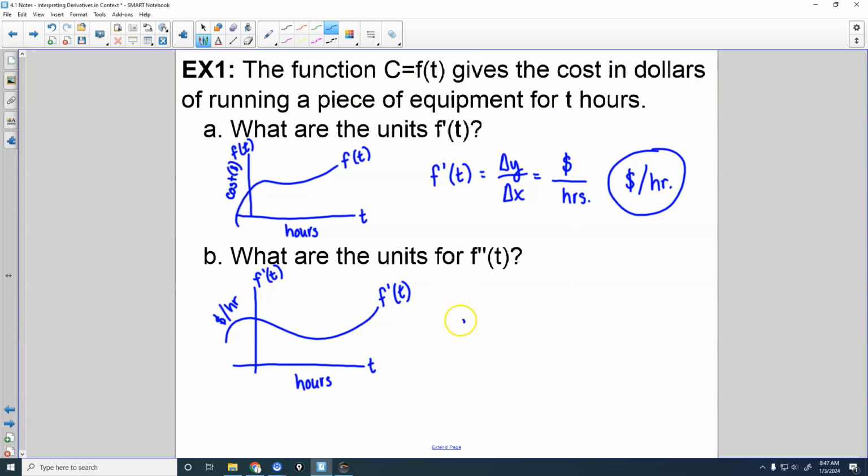So if we are doing a second derivative here, then if we're thinking change in y over change in x, the y-axis here for f prime of t is measured in dollars per hour. So we have dollars per hour, and then x is hours.